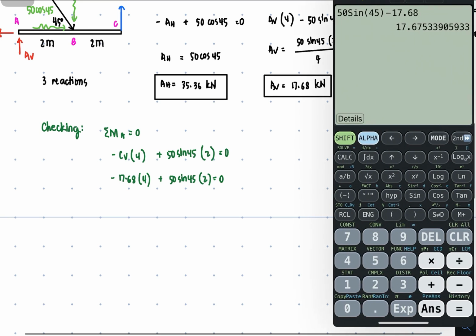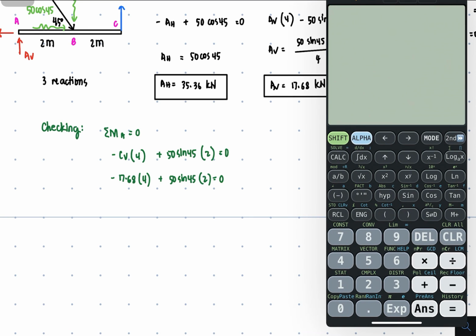So we're going to investigate if that is 0 equal to 0. That's 17.68 times 4, plus 50 sine of 45 times 2. So the answer is negative 0.009, and that's equal to 0.